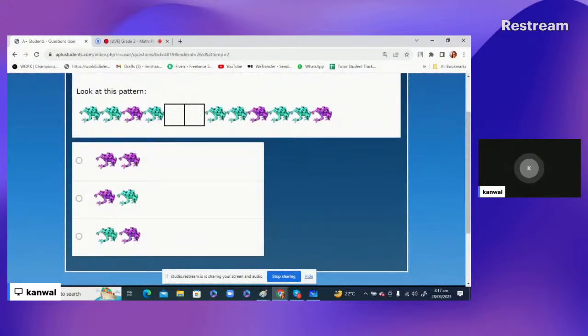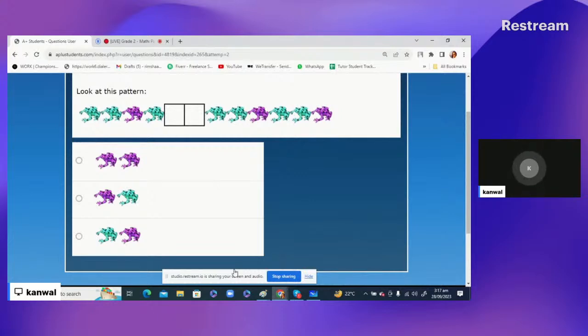Yes, you're right, one yellow and two red. Okay, now look at this question, and you tell me what's the pattern for that. There are basically two and one. It repeats two same and then one is different. All right, good. Here it repeats two same, then one is different, then two same, one is different.